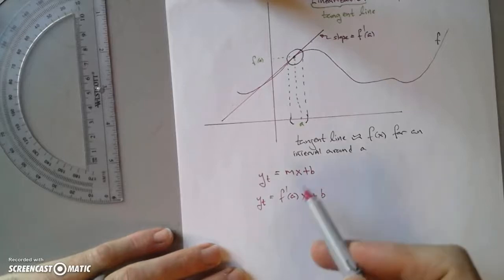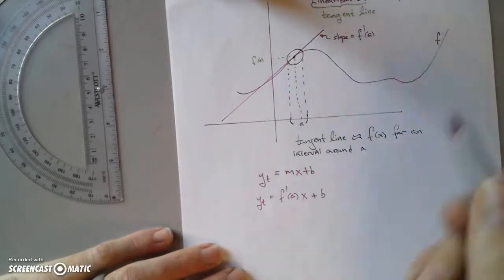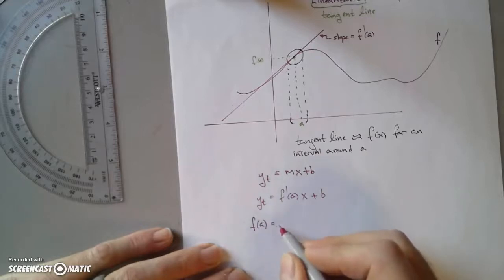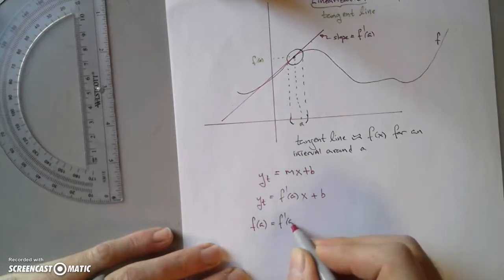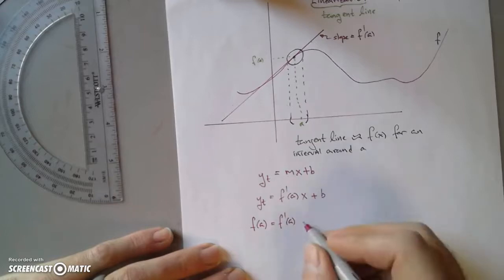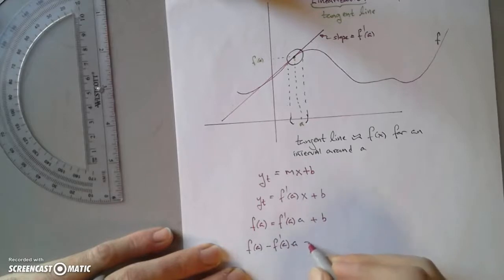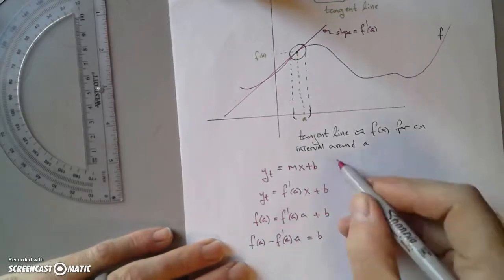Well, you just plug in some x and some y on the line. Well, we have that. So y is f of a when x is equal to a. There's plus b. You can solve this. You'll have f of a minus f prime of a times a equals b.